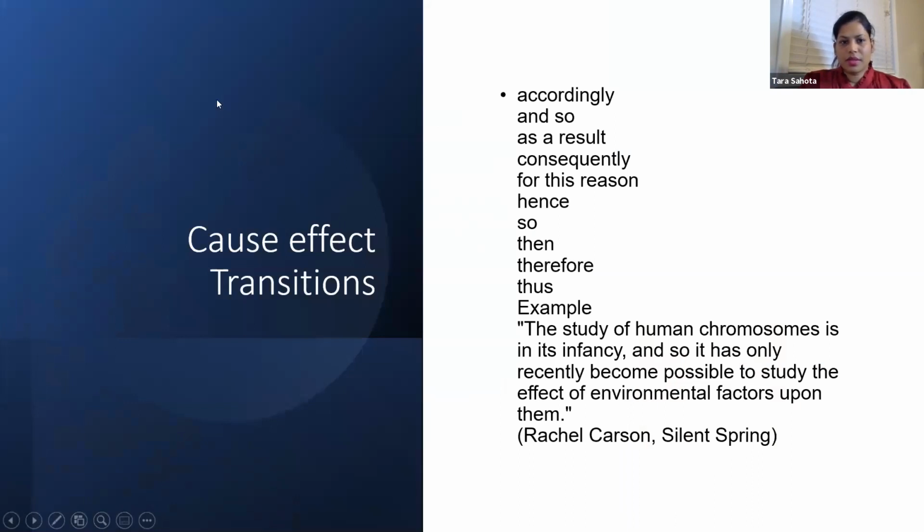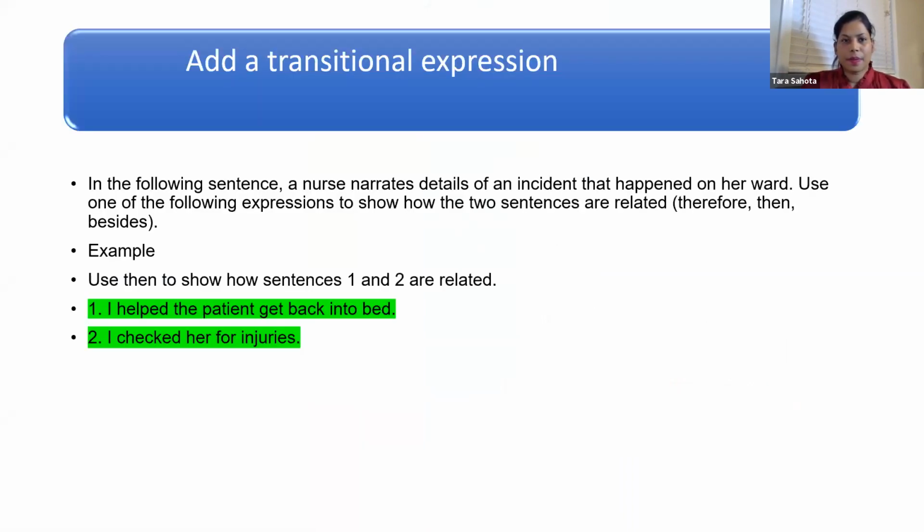All right, so these are some cause-effect transitions, like accordingly, as a result, consequently, for this reason, hence, so, then, therefore, thus. So this is what you can use. So adding a transition expression, like, I helped the patient get back into bed. I checked her for injuries.